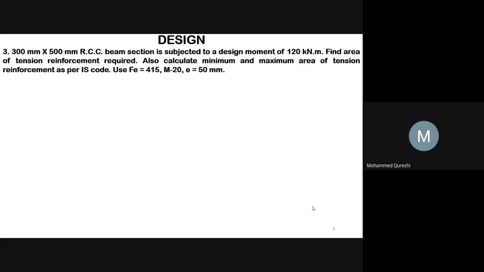In the next example, it is given that a RCC beam section of size 300 mm into 500 mm is subjected to a design moment of 120 kilonewton into meter. Here it is given as design moment, and in the first example it is given as factored moment.